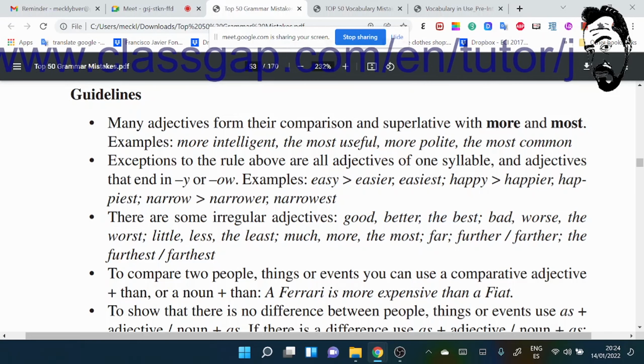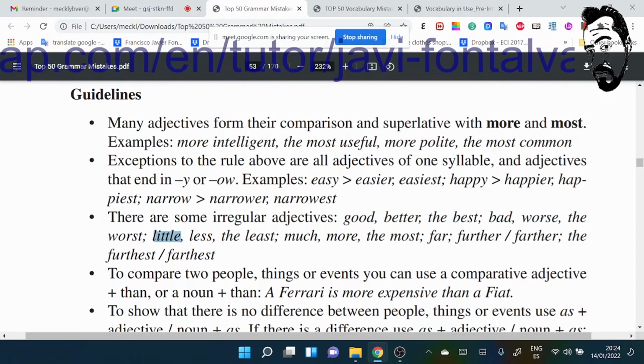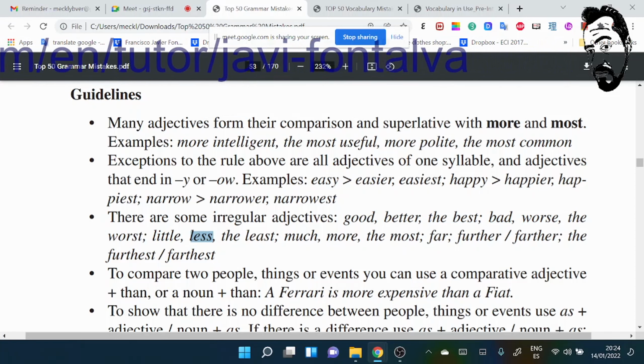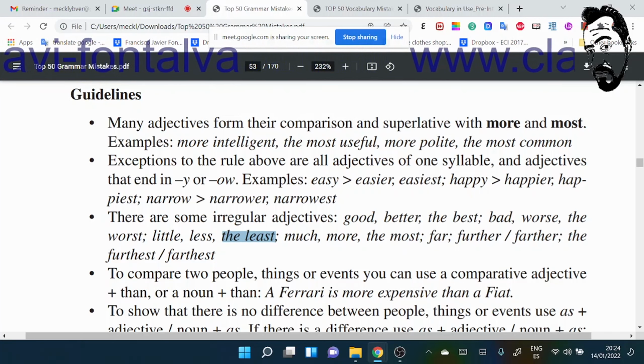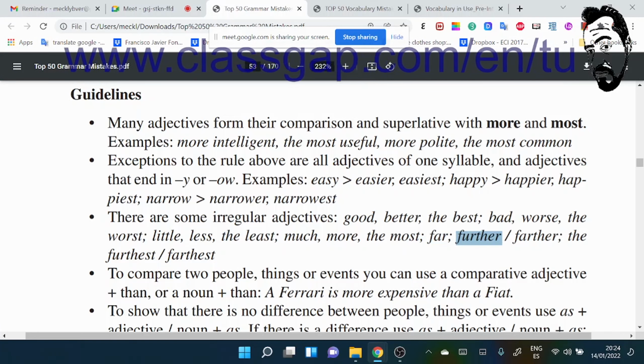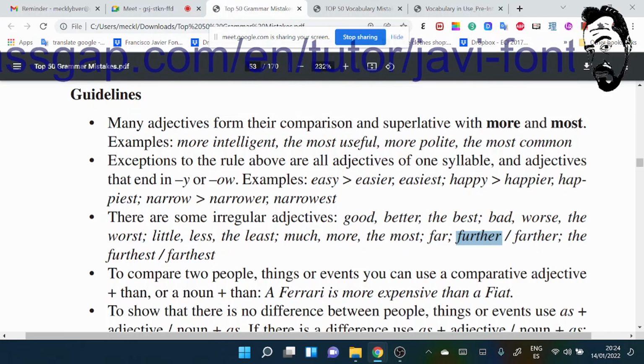Bad, worse, the worst. I remembered it. Little, less, the least. So we say the least intelligent. That's like minimum. Far, further, when we talk about distance.